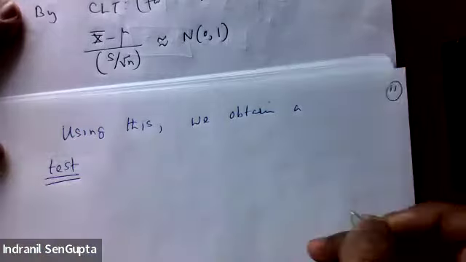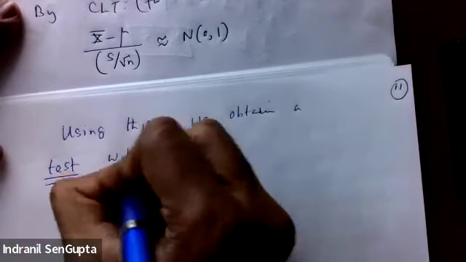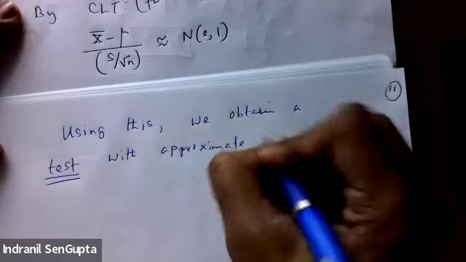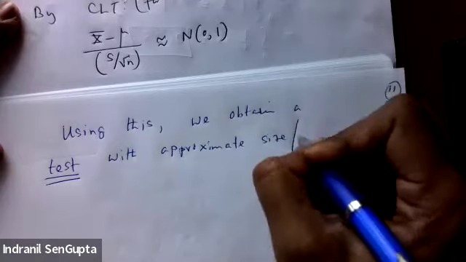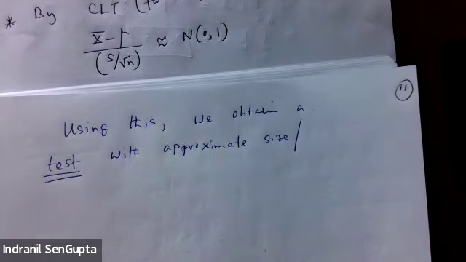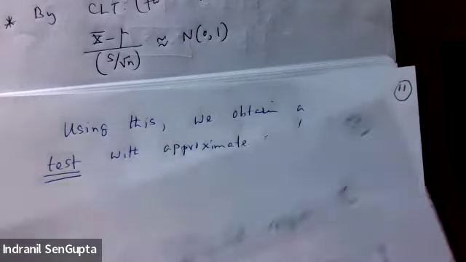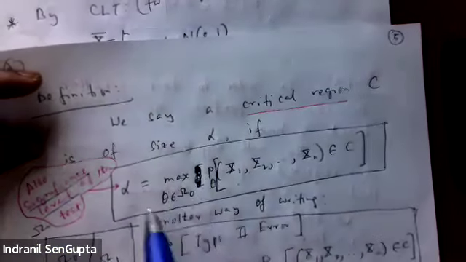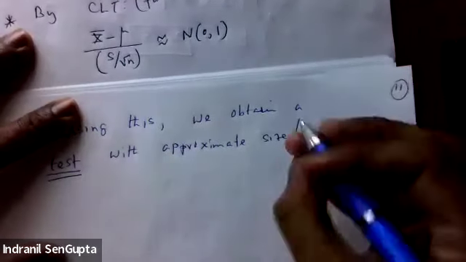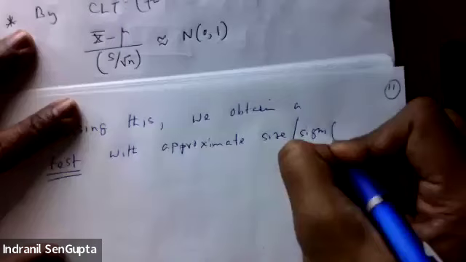Now I'll design a test of hypothesis with approximate size or significance level. I think we encountered this term some time back. Let me just show you quickly here. We have the significance level alpha, which is a maximum bound for the type 1 error.